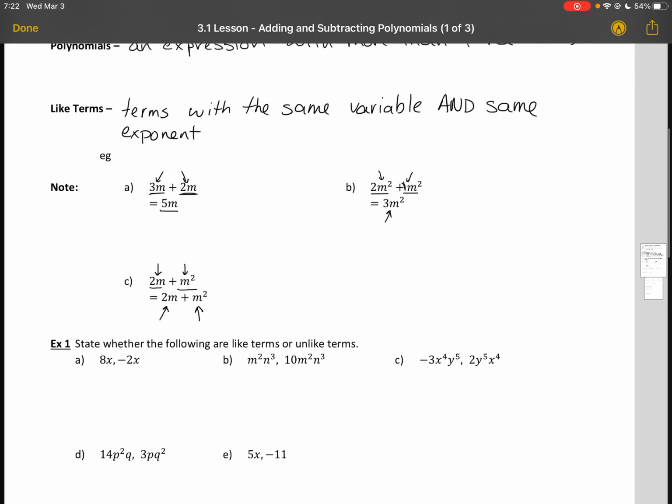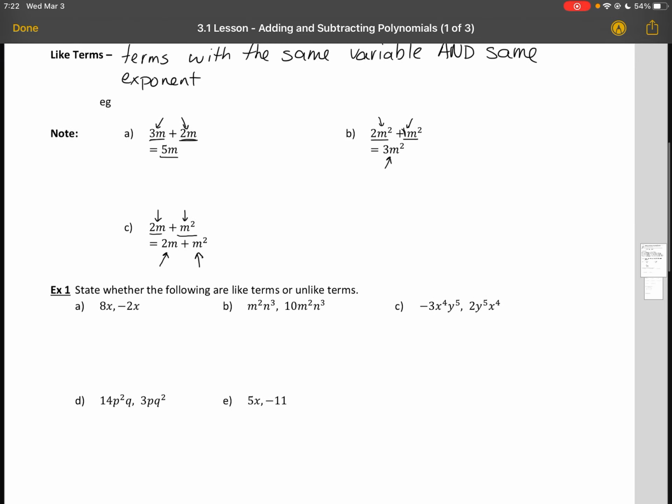In the next example, we're going to state whether the following are like terms or unlike terms. Here I have 8x minus 2x. My variable is the same and my exponent is the same. These are like. In my second example, I have m squared n cubed and then 10m squared n cubed.